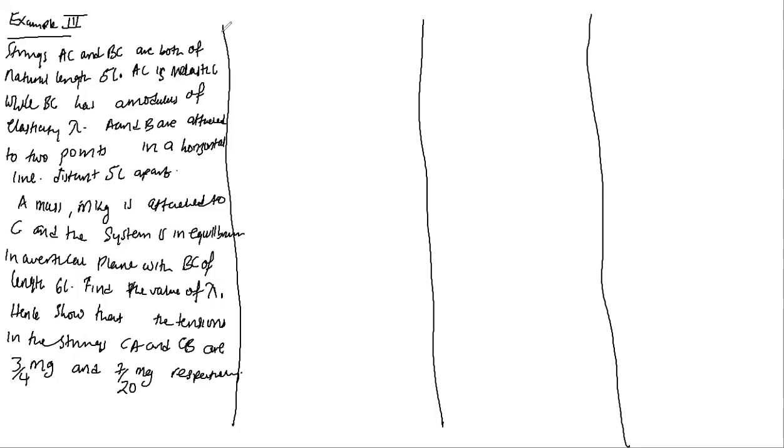When they tell you the other one has a modulus, it implies that it is elastic. So these strings are joined at C.